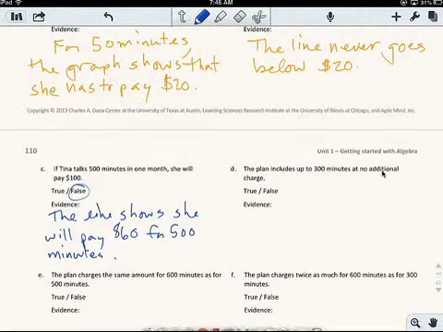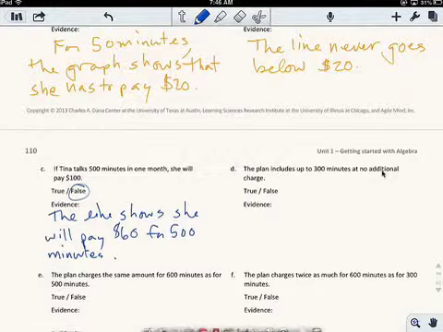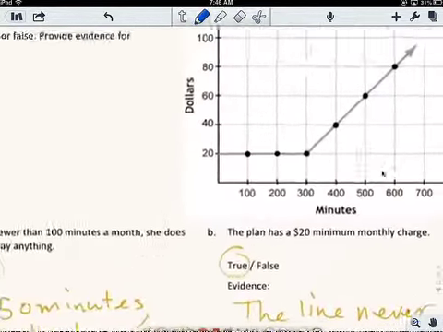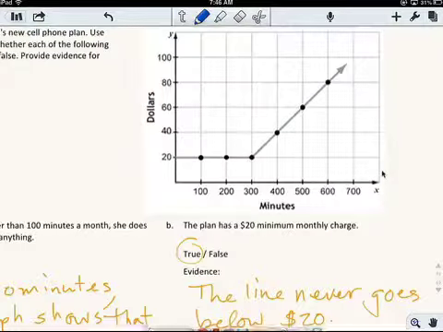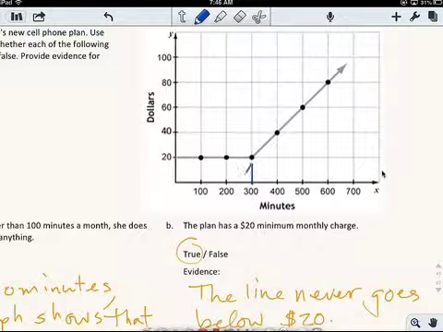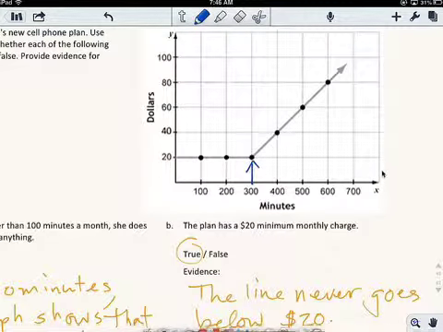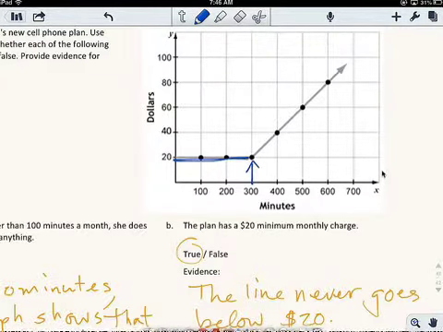Okay. The plan includes up to 300 minutes at no additional charge. So we know they only charge $20 minimum. Let's go to 300. If I go to 300, I notice that something changes about the graph. Before 300, the graph was totally flat. And then after 300, it starts increasing. It goes up.